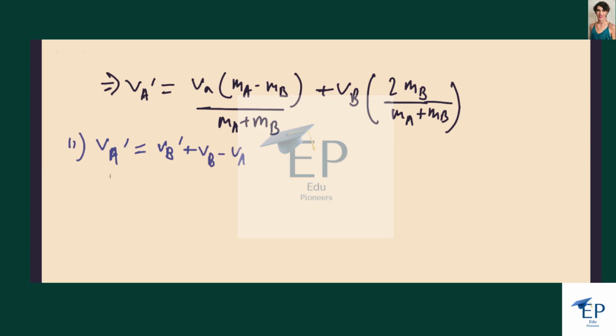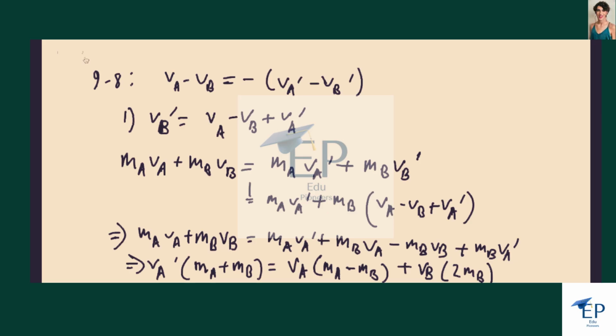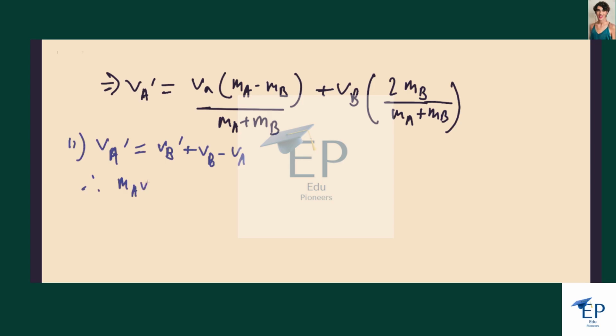And so in the conservation equation, you have MAVA plus MBVB is equal to MA times all of this, VB prime plus VB minus VA, plus MBVB prime.